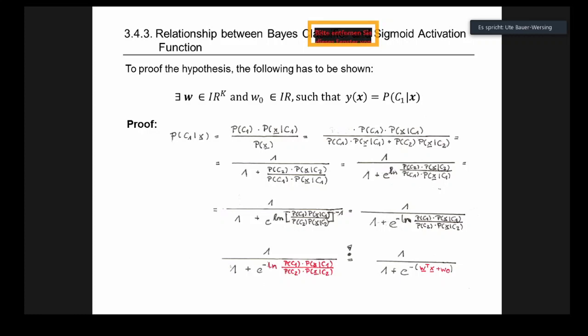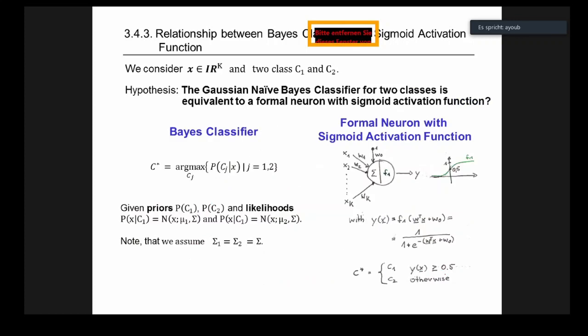How do we do that? Professor? Yeah? I have a question about the slide before. You say that the Bayes classifier and the formal neuron with the sigmoid activation belong together, and with the Bayes classifier we have the example with the two letters A and B. Yes. And we say we have for A a probability of 0.75, and for B a probability of 0.25.